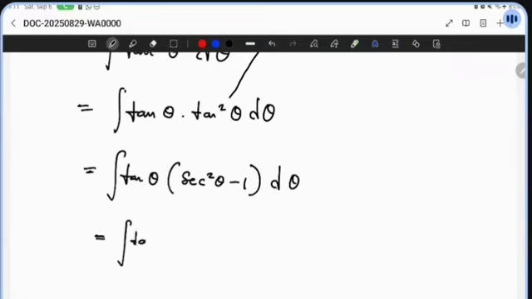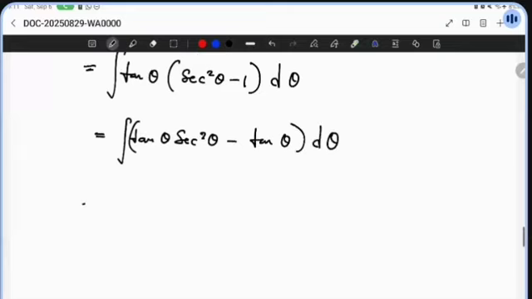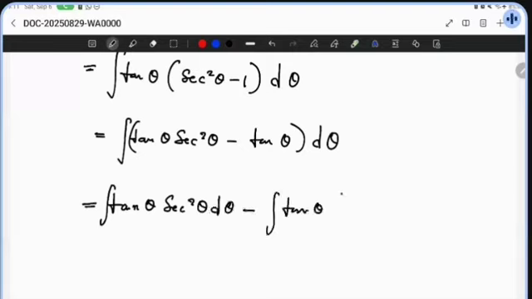Distribute the tan, you have tan theta sec squared theta minus tan theta d theta. Then distribute the d theta in the integral. So you have the integral of tan theta sec squared theta d theta minus the integral of tan theta d theta.